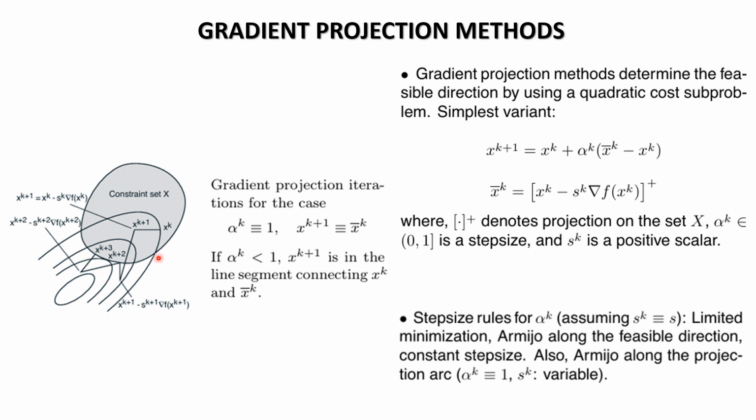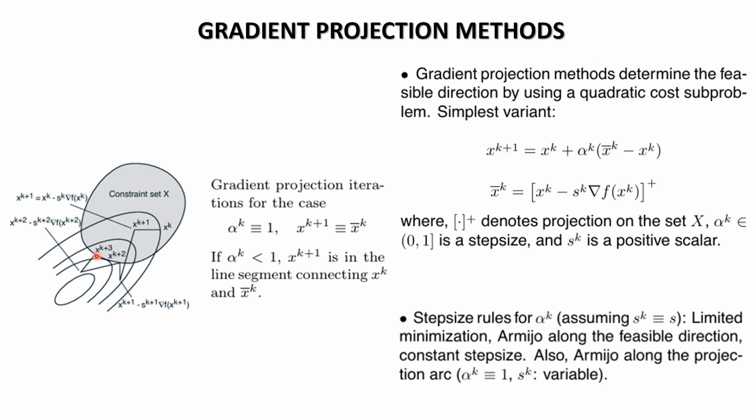We can see here several iterations from xk to xk plus 1 to xk plus 2 and back to xk plus 3 and so on.